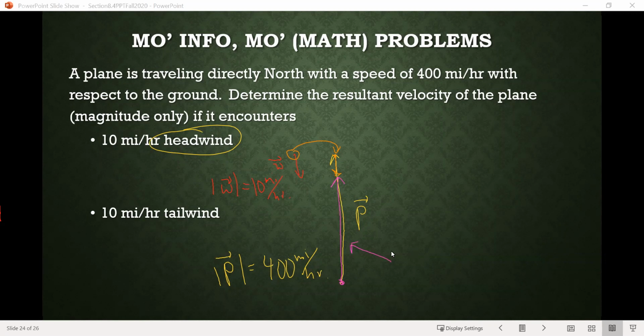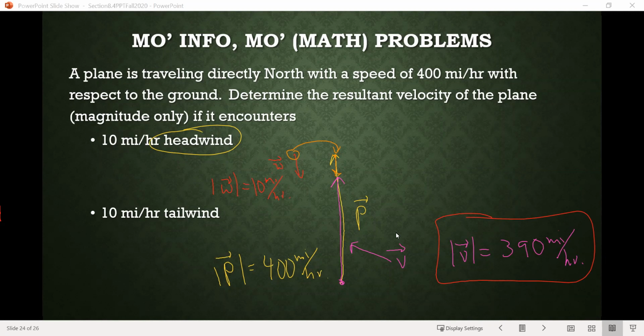And we'll call that vector V. And what will the magnitude of V be? Well, the original vector had a magnitude of 400 miles per hour. We've got a magnitude of 10 miles per hour acting in the exact opposite direction. So as you might imagine, the resultant vector is going to have a magnitude of 390 miles per hour. Okay, so that's what that would look like.